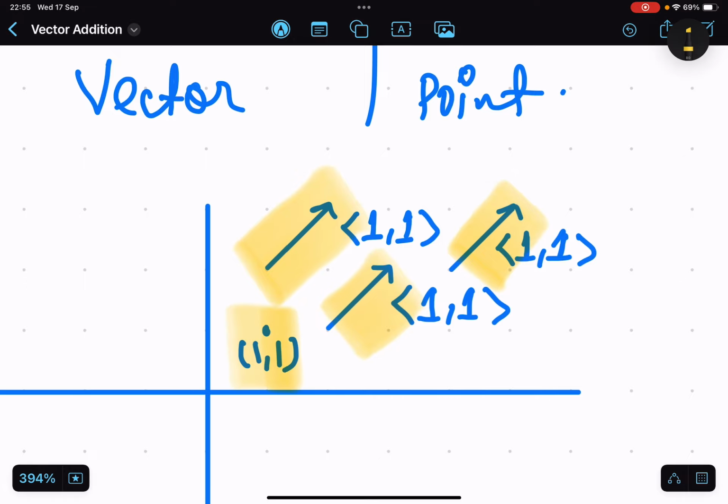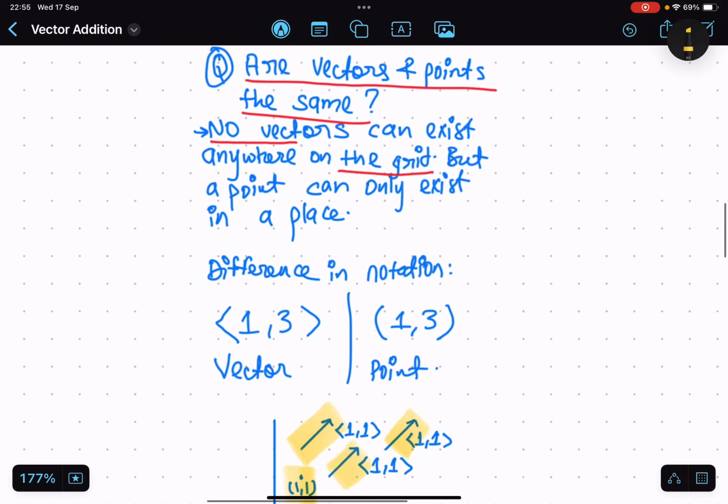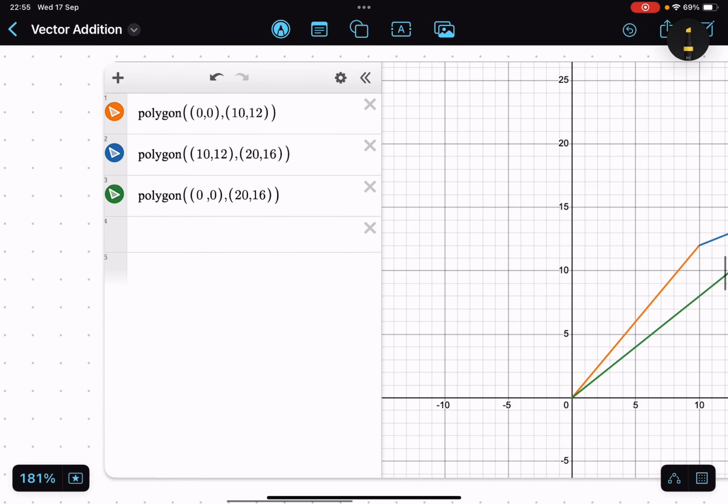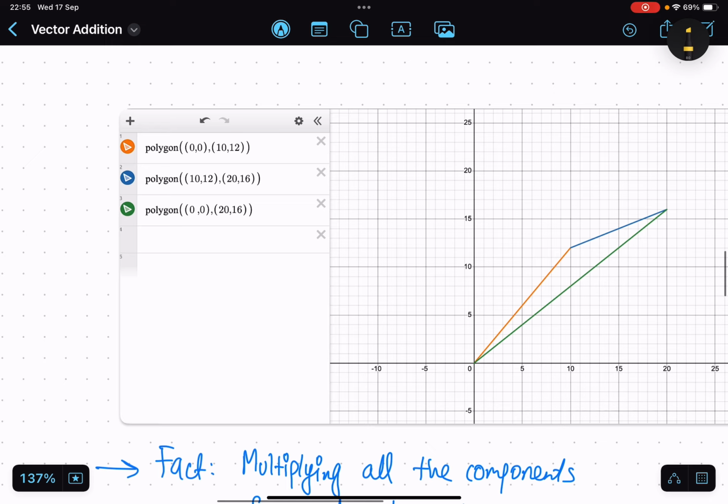Okay, so here I have a more detailed look at how vector addition works. So basically you have this vector 10 12, and then you have the vector that adds into it, right? How much is added? Again, I'm adding 10 horizontally and I'm adding 4 vertically, and this is the resultant vector.